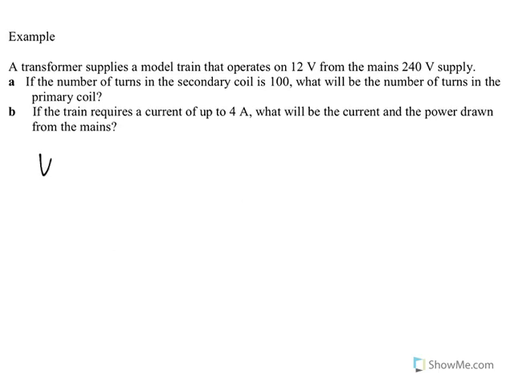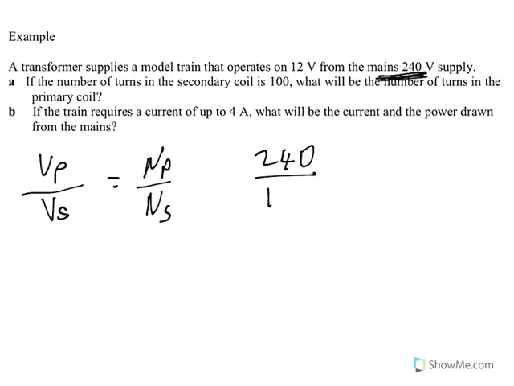So the voltage in the primary over the voltage in the secondary is the number of turns in the primary over the number of turns in the secondary. And our primary is our 240 volts. So that's what we're plugging into. So we'll do 240 over, we want 12 volts out. The number of turns in the secondary is 100. What's our number of turns in our primary got to be?